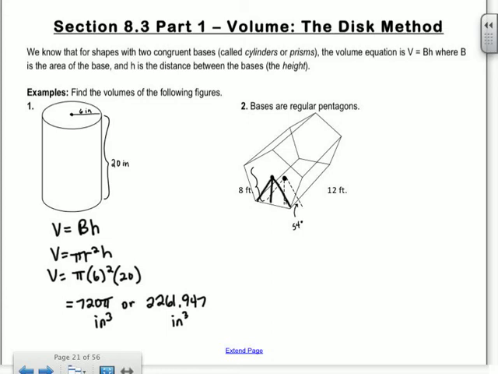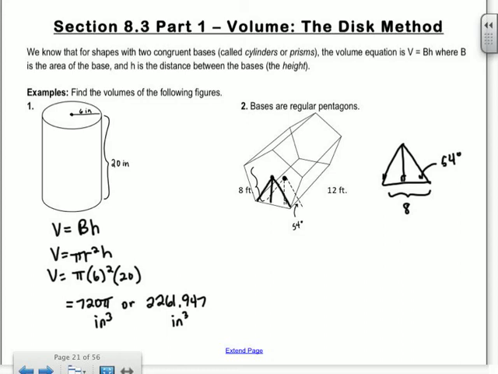Okay, so in the bottom of our pentagon, I gave you this. This is 54, and this is 8 feet. So it says it's a regular pentagon, so each side is 8 feet on the pentagon.